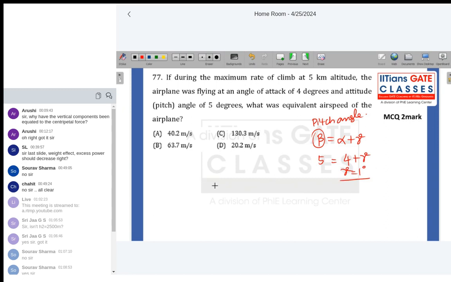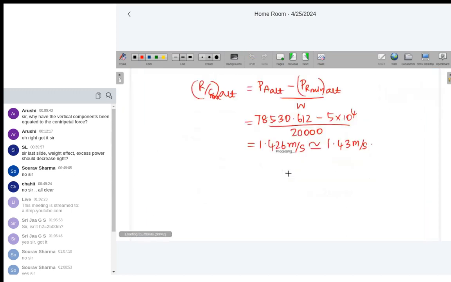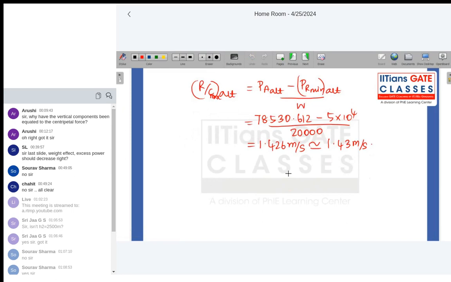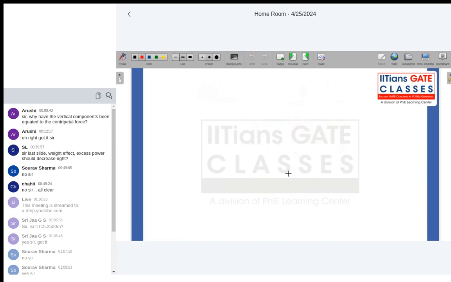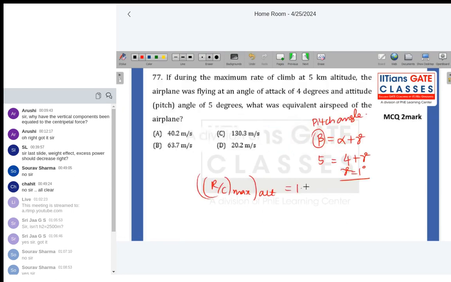So rate of climb max at that altitude, as we have already calculated just now, is 1.43 meter per second, which is nothing but V infinity sine gamma.